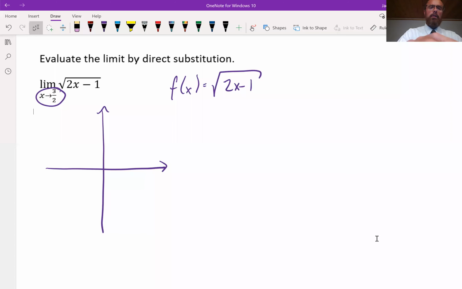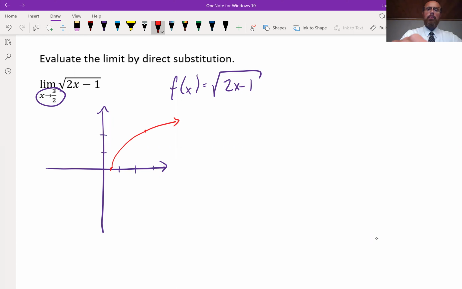So here on our coordinate plane, we'll go with the vertex there at half, and then I believe at 2.5, it was at the y value of 2. So roughly there, and that gives us a rough shape for our square root function.